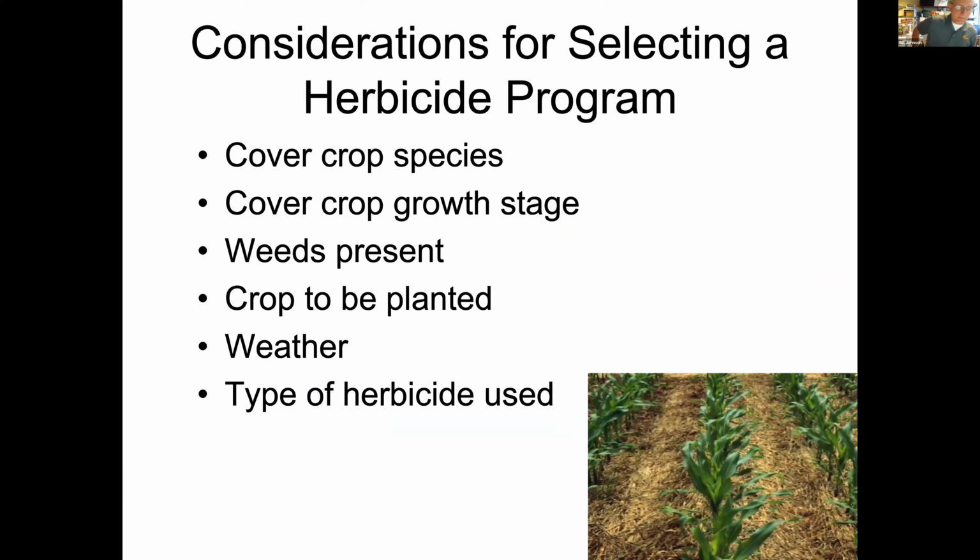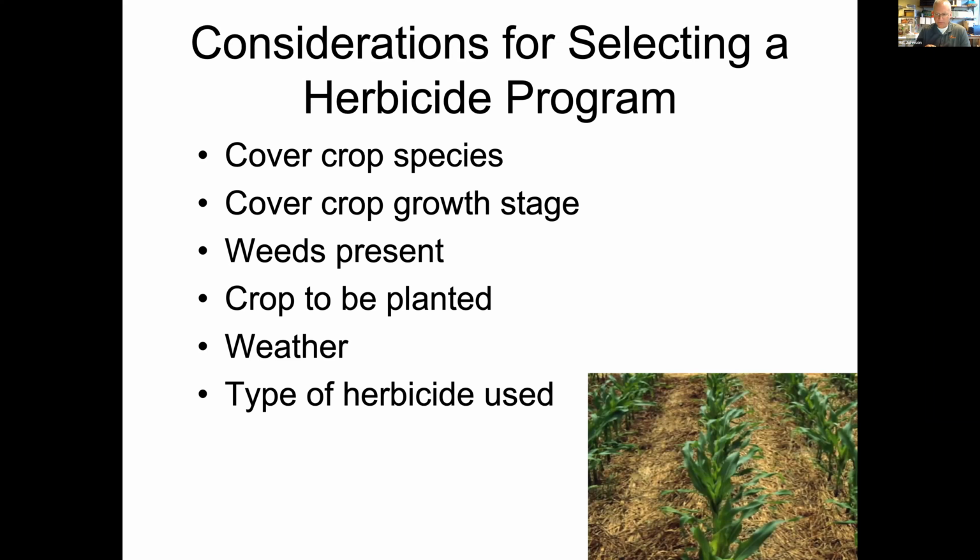All right, so terminating a cover crop is a situation where you have to answer the same questions as you would if you were trying to pick a herbicide program to kill a weed. So the species that you're trying to terminate, the growth stage, the weeds present, the crop that you're going to be planting, your weather, and then contact versus systemic herbicides all play a role in this.